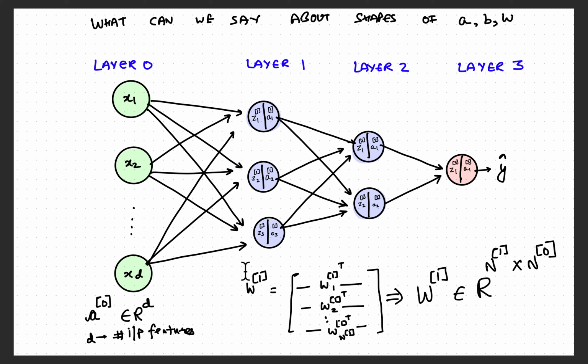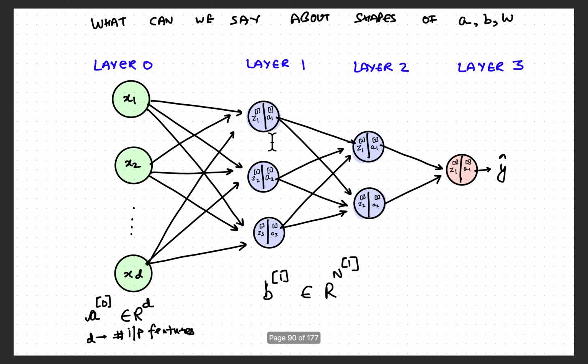That's the shape of the weight matrix corresponding to layer 1. And the bias term is simply you have a bias element for each node in a particular layer. So that will be of the dimension of the number of elements in that particular layer. So it's just an N square bracket 1 dimensional vector, right?